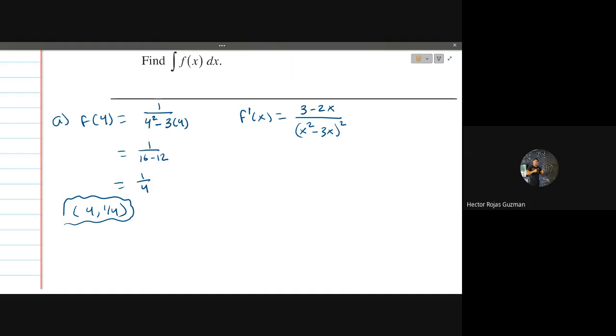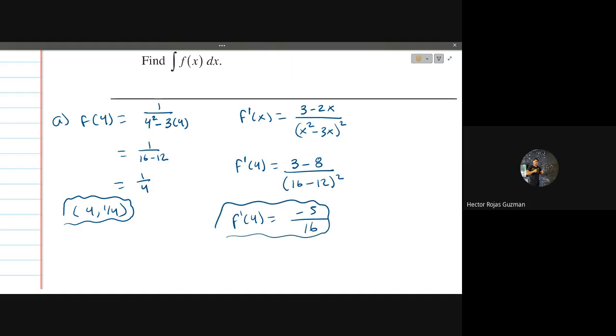Plug in 4. 2 times 4 is 8. 4 squared is 16. 3 times 4 is 12. Negative 5 divided by 4 squared. So that's your slope. You get a point for getting the correct slope. You get a point for writing the correct tangent line.